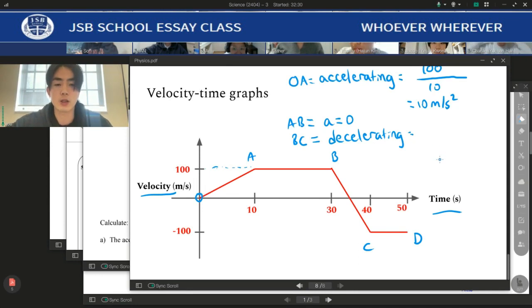So Jacob, what do you think the deceleration is in this case, B to C? Minus 10. Minus 10?